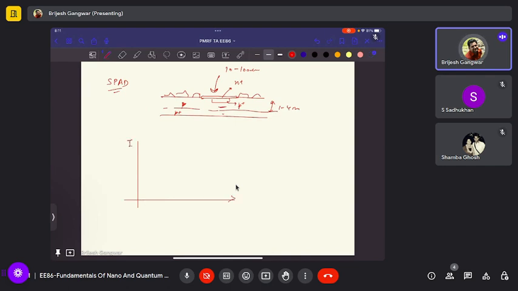If you see the current-voltage characteristic, let's say this is I and this is V. There is a region of linear amplification from here to here as we apply voltage, but after that it starts increasing current.